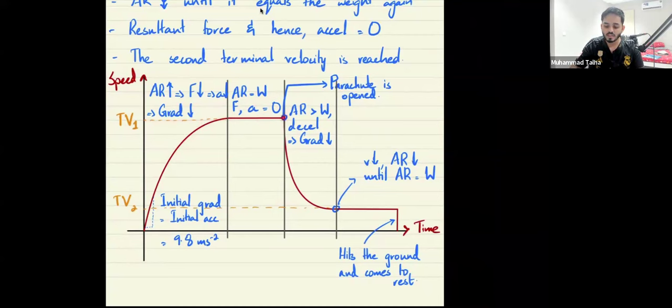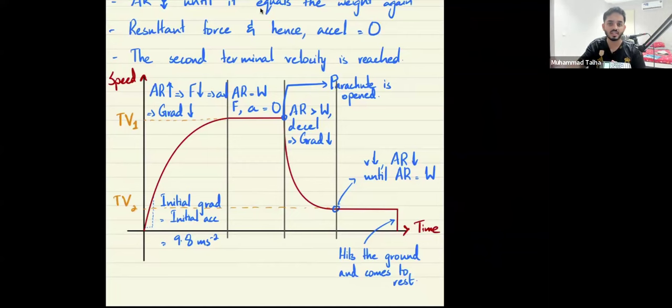And then this is often asked: what is the point where the parachute is open? So it's this one where the speed just starts to fall. And for that time, air resistance is much greater than the weight. So basically, if air resistance, the upward force, is greater, it's going to cause a deceleration, because air resistance being greater than the weight means that the acceleration would be upwards while it's falling downwards.